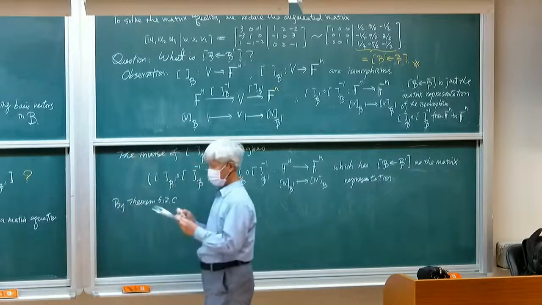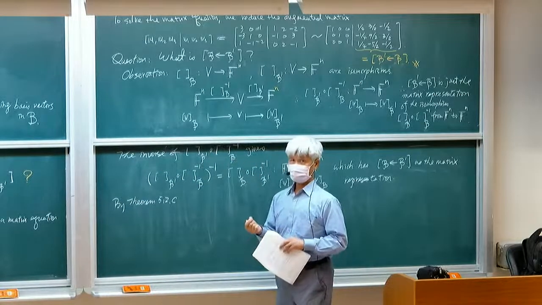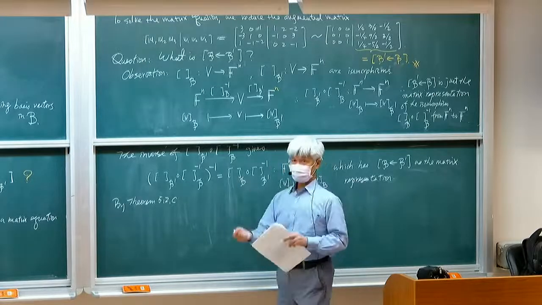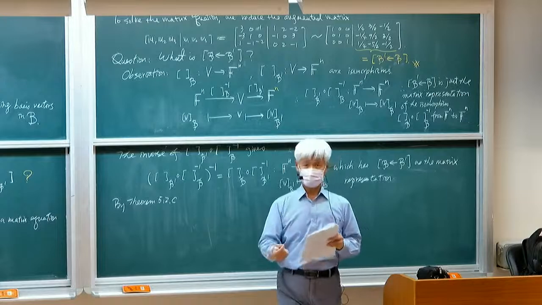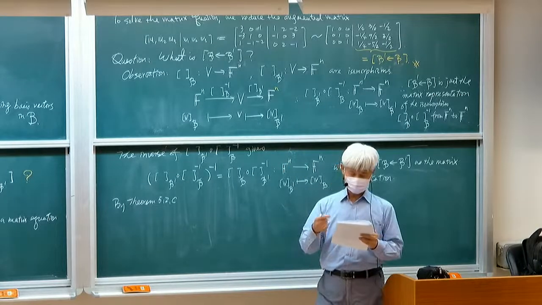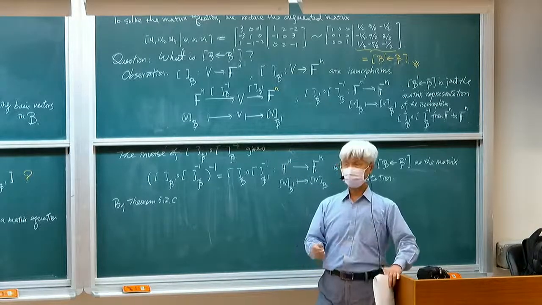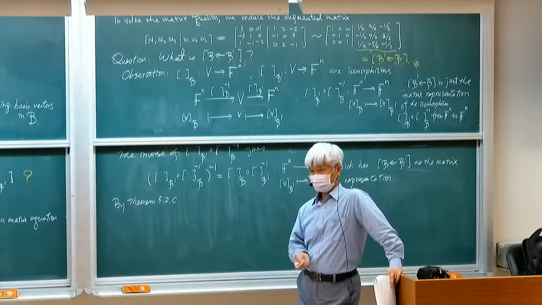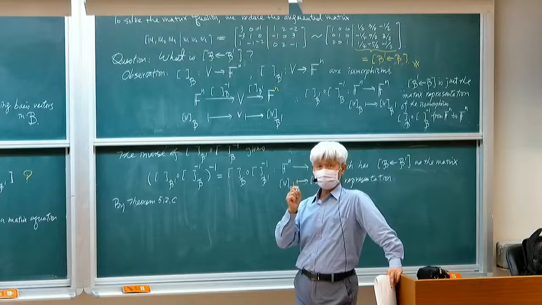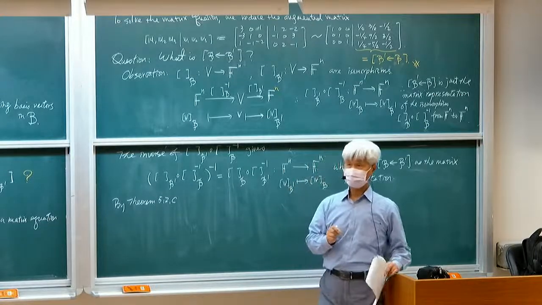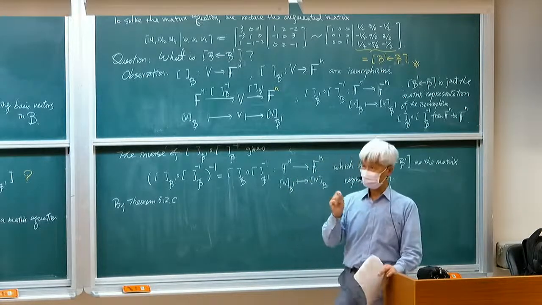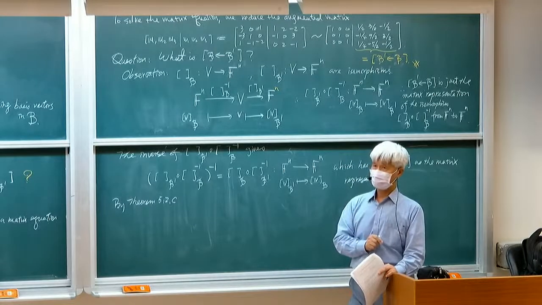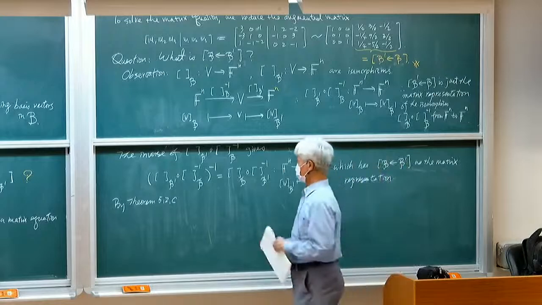Okay, in 5.2.c, if A is the matrix representation of an isomorphism from Rn to Rn or from Cn to Cn, then A is invertible, and its inverse, A inverse, is just the matrix representation of the inverse of that linear transformation.